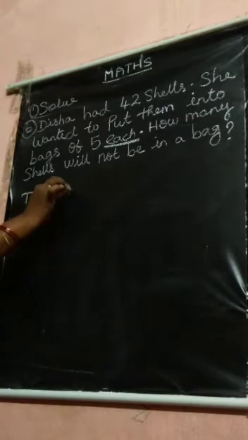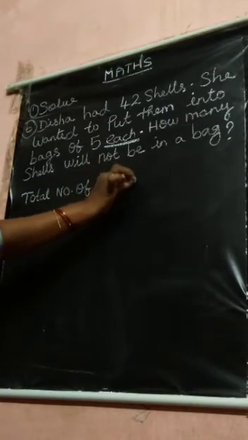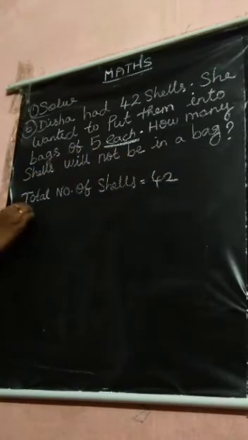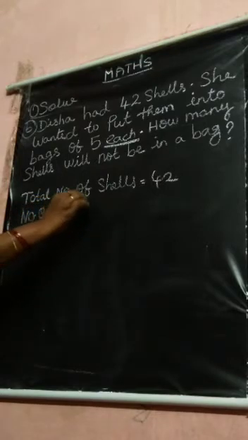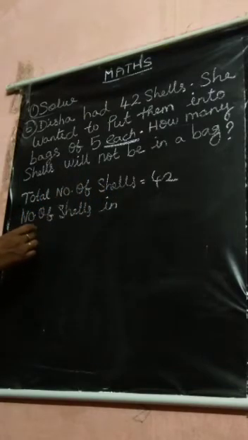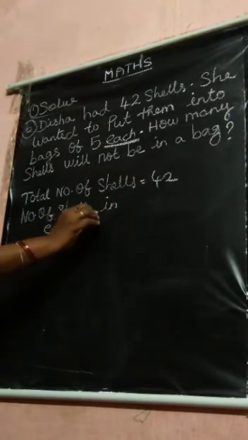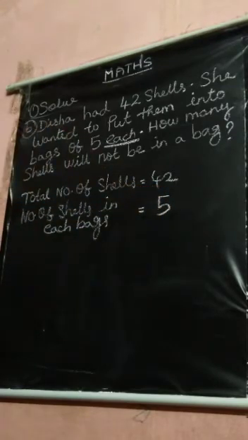Total number of shells: 42. Number of shells in each bag: 5.